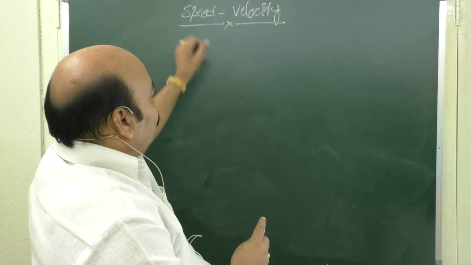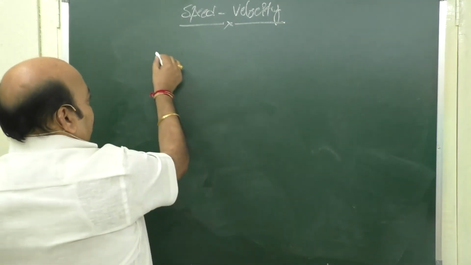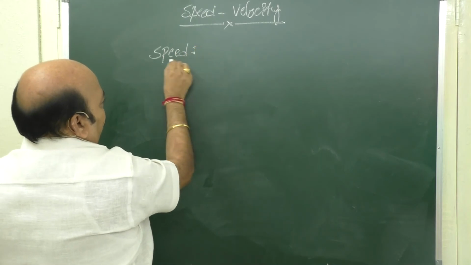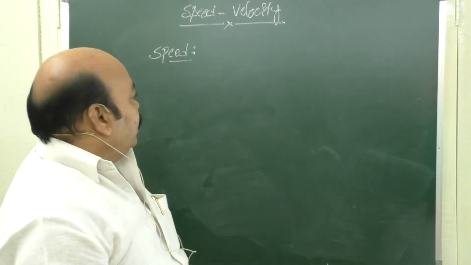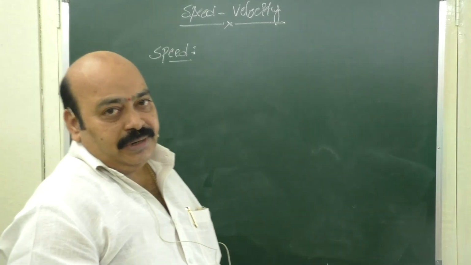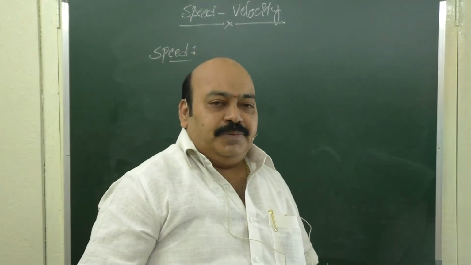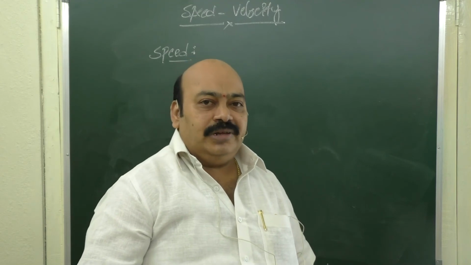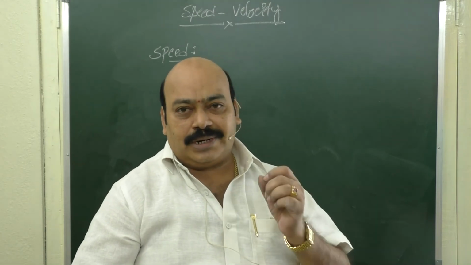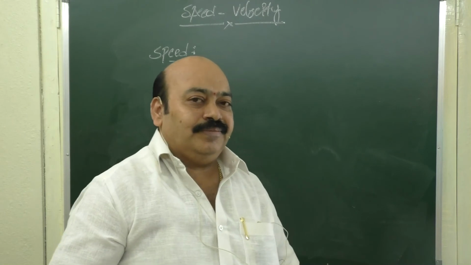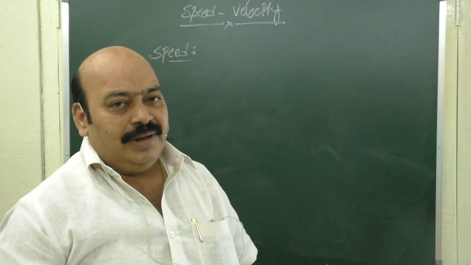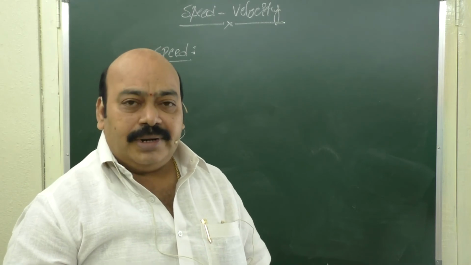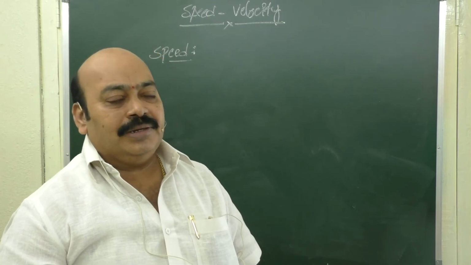Let us take the first one, speed. From your school knowledge, try to recollect the definition of speed. It is very simple. Speed is the distance travelled by a body in unit time. Once again, the distance travelled by a body in unit time is defined as speed.